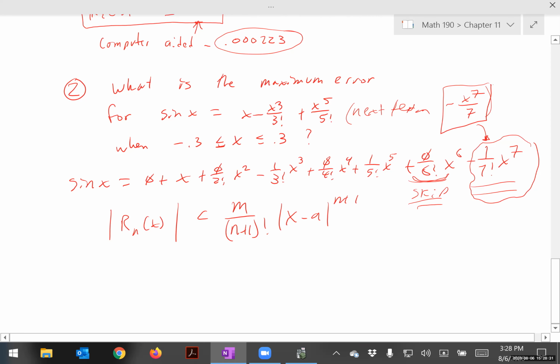That's the n plus 1 term. The whole idea is we want to find out what n is. What is n if 7 is the n plus 1 term? Wouldn't it be 6? We would use 6 in this case as n, because the factorial on the bottom is 7 factorial, so n plus 1 equals 7, so n would have to be 6. Does that make sense?